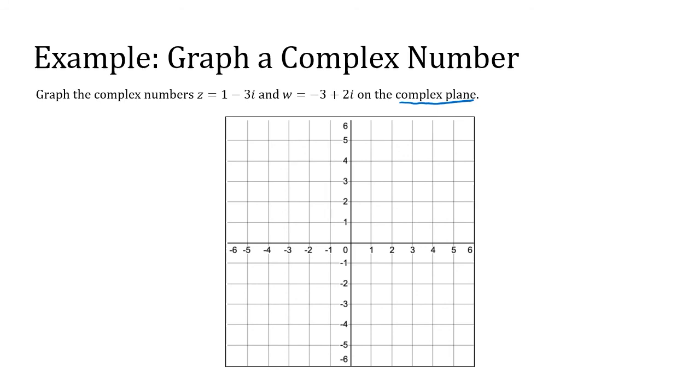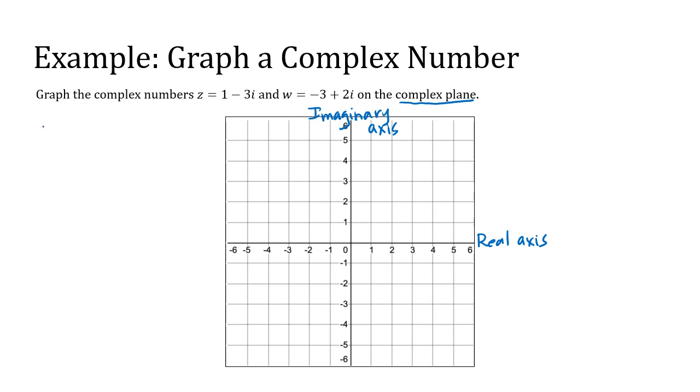We know that the horizontal axis represents the real axis, and we know that the vertical represents the imaginary axis. If we don't label these, then it may be difficult to determine what number system we're working in. So by labeling them real and imaginary, it makes it crystal clear.